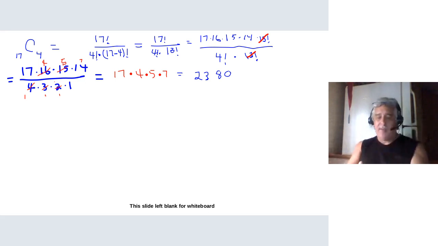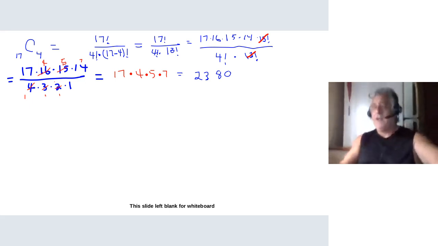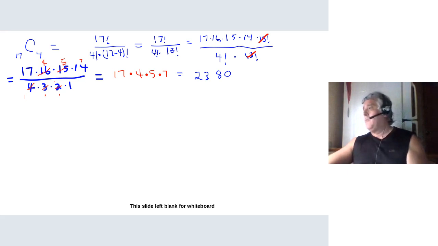You just have to have those numbers in some order, because if you had to pick them in order, nobody would ever win. You saw on that last one, that was a factor of 24 difference, and it made a big difference in the number of ways.